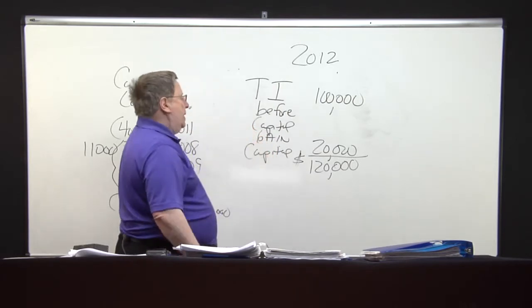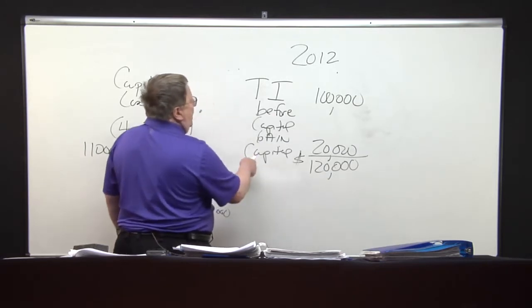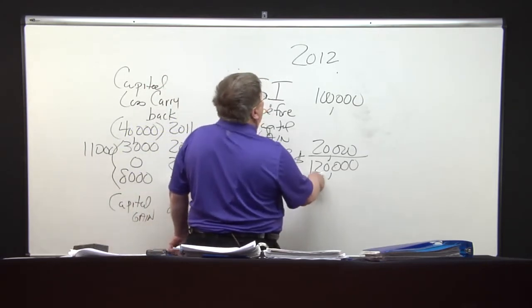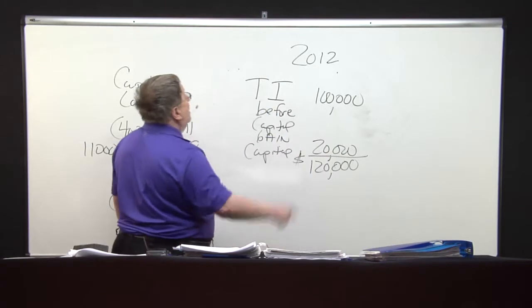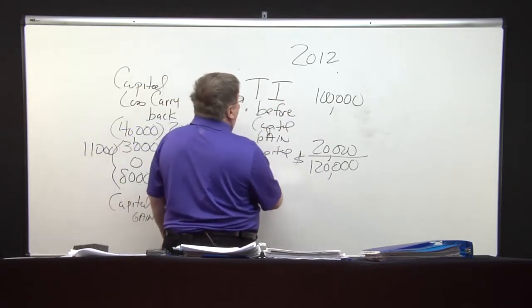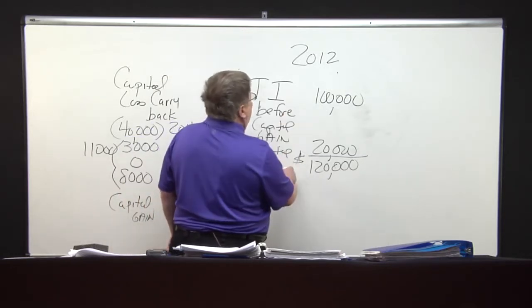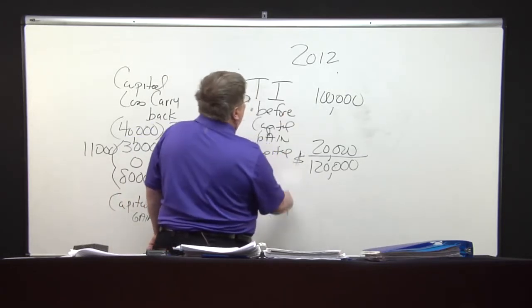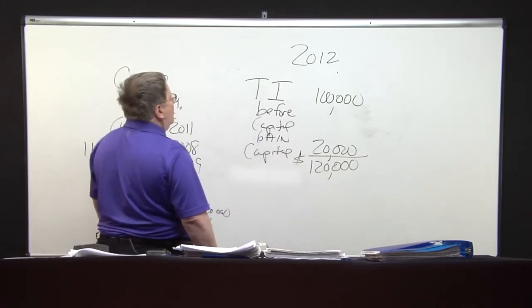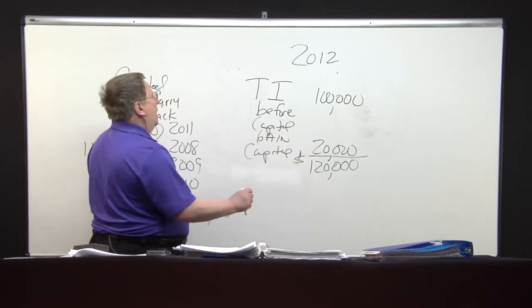Now, the next thing we have to do is this, all right? We have to determine how much of a net operating loss carry forward we can deduct against this 120 to arrive at taxable income just before the dividend received deduction. Because the net operating loss carry forward is a deduction, right, to arrive at taxable income on a corporate return. But obviously, all right, the net operating loss carry forward was not a deduction to arrive at book income.